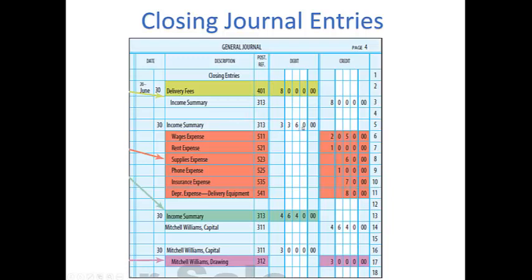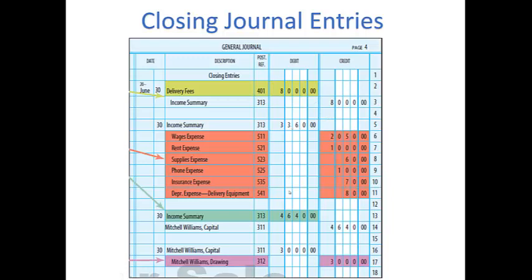And now our income summary has a credit of $8,000 and a debit of $33.60, which means its balance is the difference in the two, $46.40. So we have a credit balance of $46.40 in income summary.